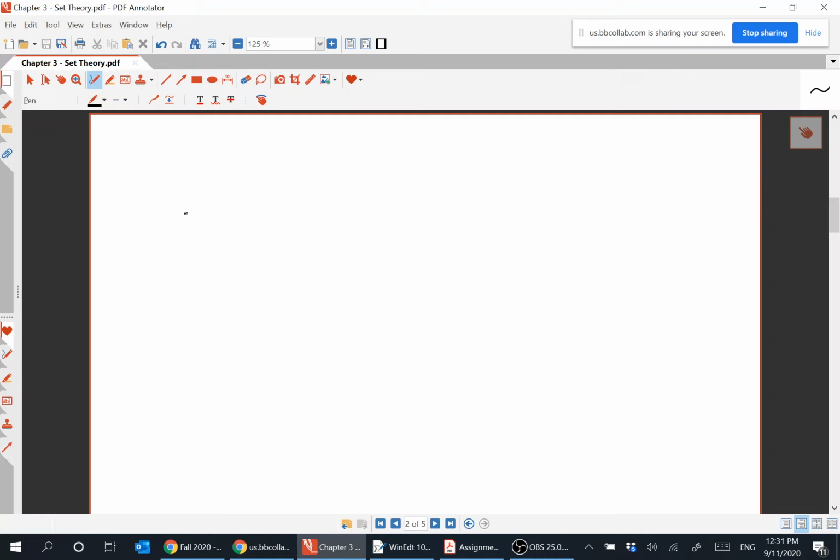Now, sets can contain anything as elements, including other sets.